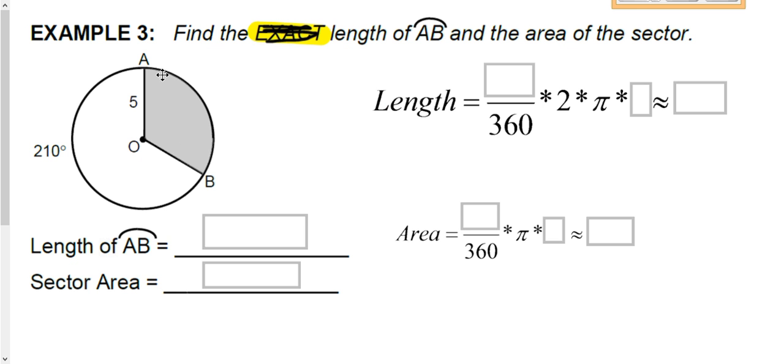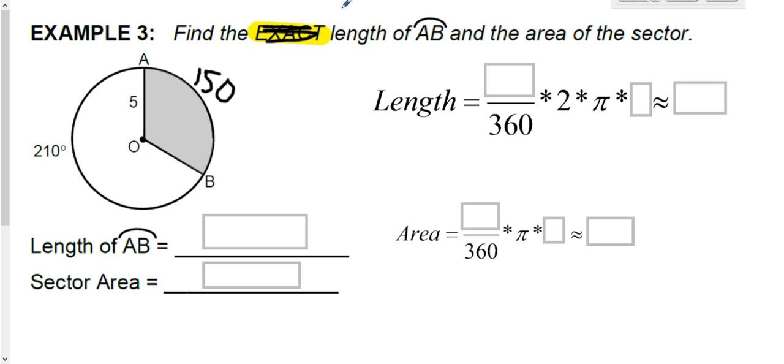So we don't have this arc measure, so we have to look around here. Okay, this arc is 210 degrees. So if we take 360 minus the 210 and get what's left, this arc would be 150 degrees. Double check. Let's see, 210 plus 150, yes, it's 360. So we're ready to find the length of arc AB and the area of the sector.